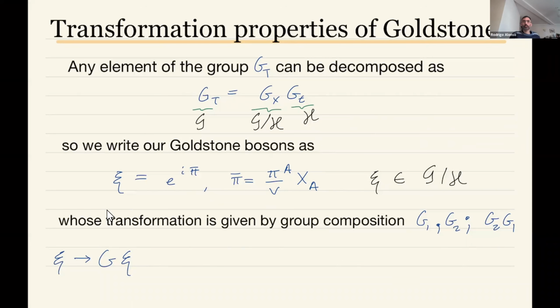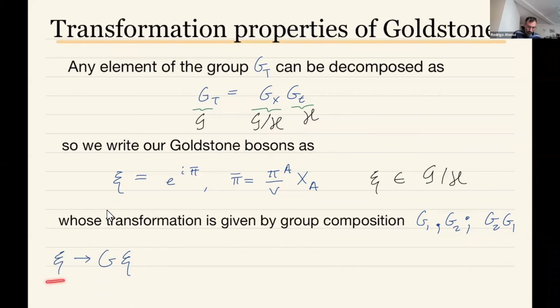And so how does this transform? We sort of have the matter, the particle content there, but how does this transform under the symmetry? And for that, we just note the group composition law: if you have two elements, G1 and G2, the resulting element is the product of the two. So we can think of G1 as our original C matrix and G2 as G, this group we're acting with.